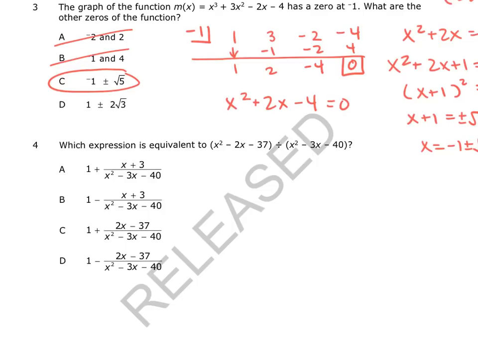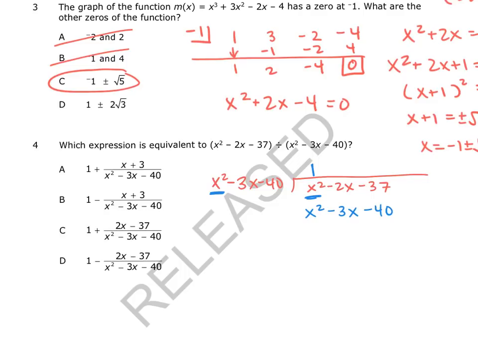So I'm going to divide x squared minus 3x minus 40 into x squared minus 2x minus 37. When I'm thinking about this, what do I multiply by this to get that? Well, I just need a 1, right? So when I multiply by 1, I'm going to get x squared minus 3x minus 40.